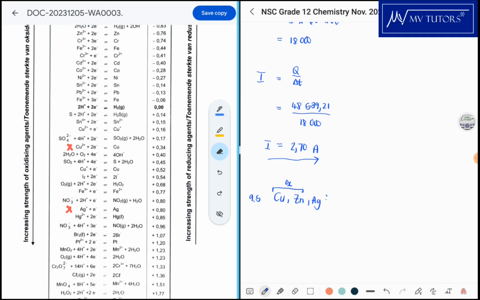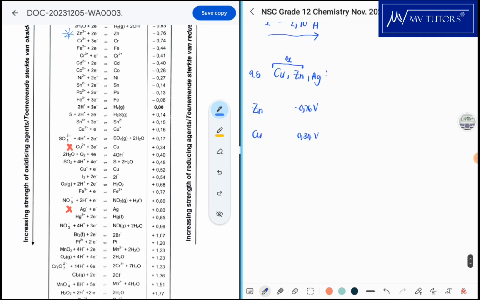So there we have silver, we have copper, now there is zinc. Zinc is way up there, and it has negative 0.76 volts. Then we come to copper, which has 0.34 volts, and then silver, which is 0.8 volts.